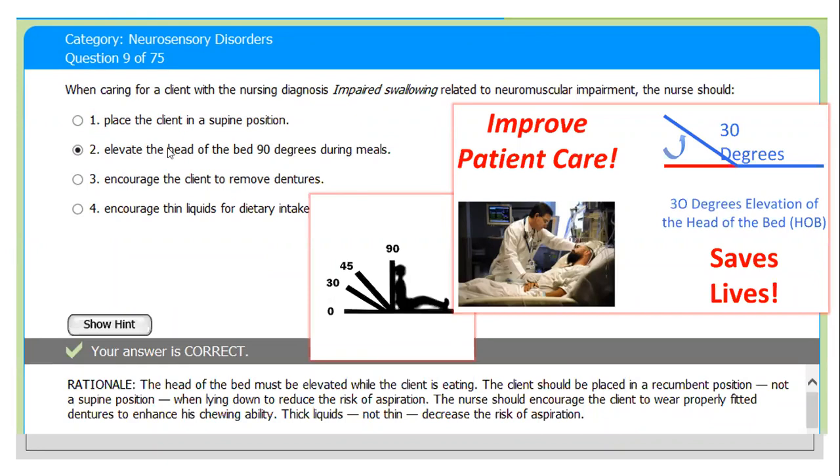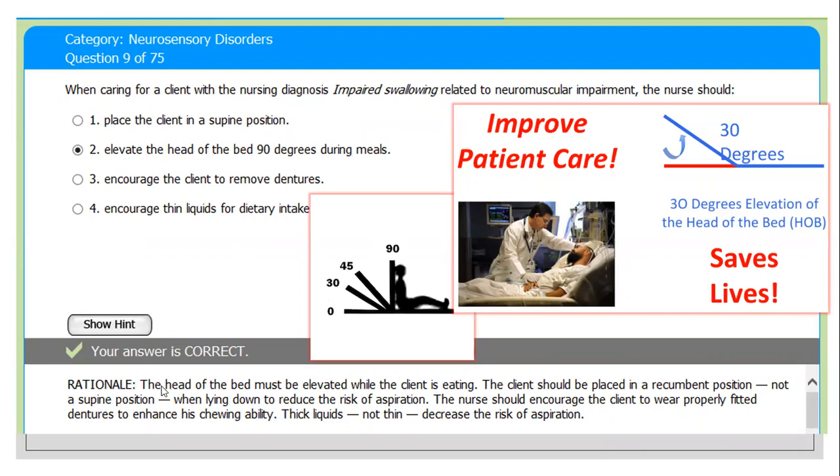So the answer is elevate the head of the bed 90 degrees during the meal. So patient care is important. When you change the patient care, elevate the head of the bed, you prevent aspiration and save the life. So here showing the angle of the bed, semi-Fowler and high Fowler posture.